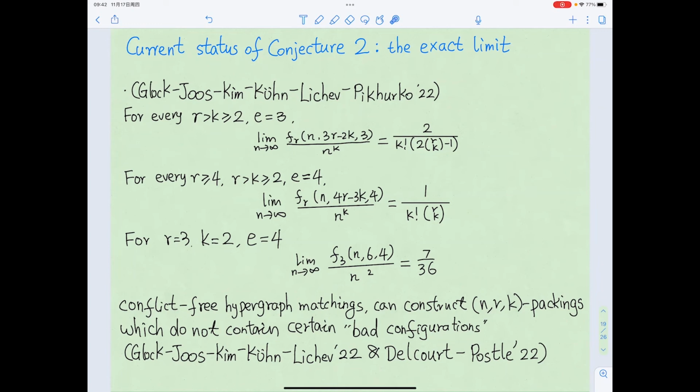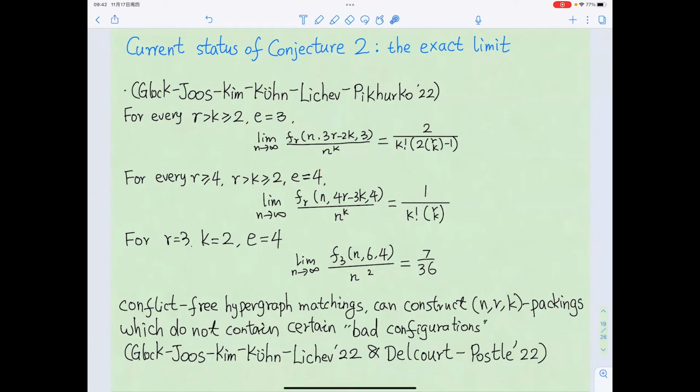In the first paper, by a set of authors including Jaehoon Kim, who is a regular visitor of our IBS, they proved conjecture 2 for e equals 3 and e equals 4.